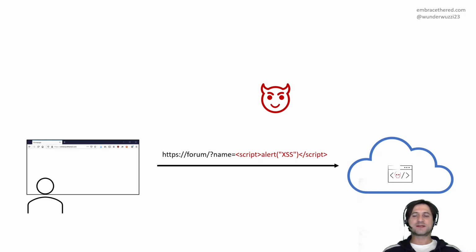Now it happens that the web application actually has this cross-site scripting vulnerability, and it does not correctly encode this name query parameter in the document that it sends back to the user. For some reason, this name attribute is being put in the HTML document, but it is not correctly encoded.